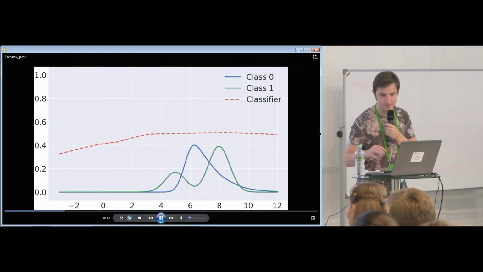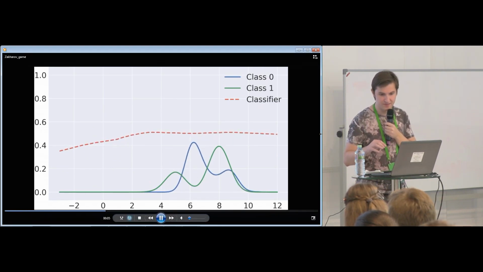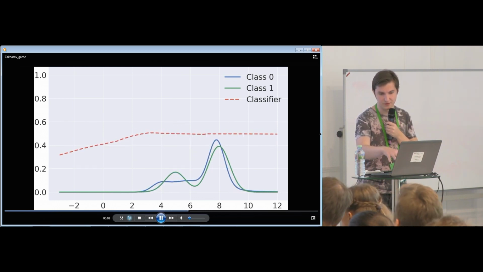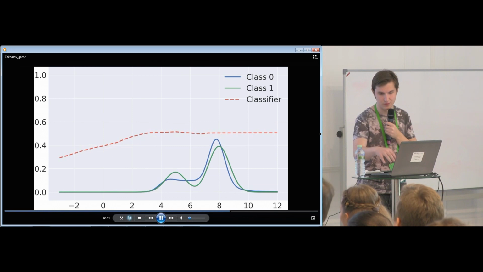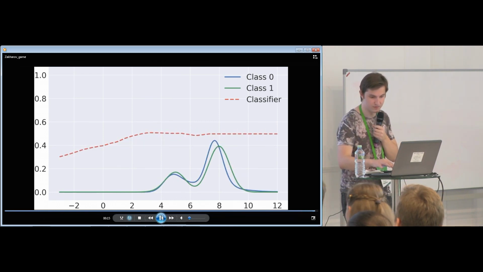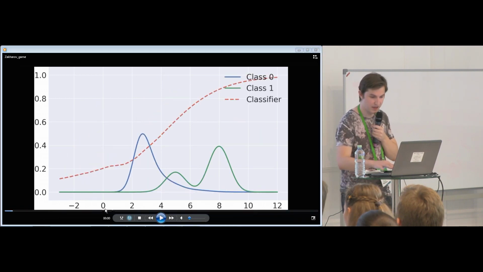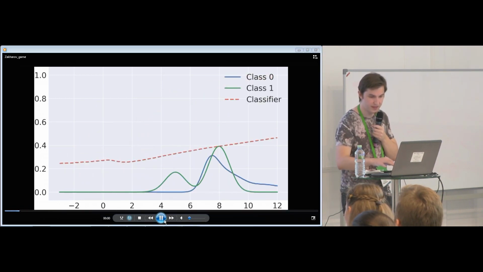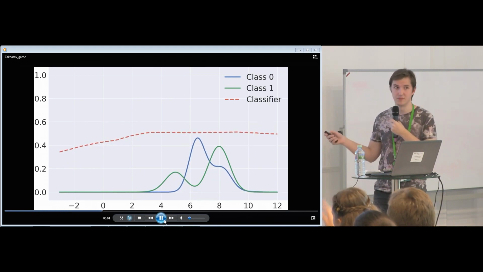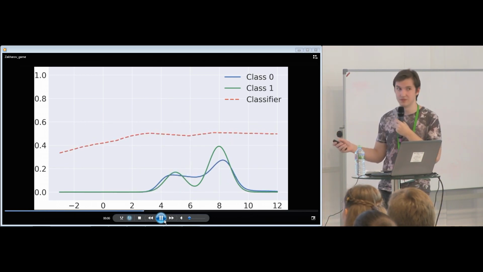So we ran for the same amount of iterations, and we see that it actually starts converging, and in the middle of the optimization process, it's actually mimicking the true distribution quite well. In the end, it converges to the true distribution, and starts fluctuating a little bit. What I want you to pay attention to is the fact that the classifier is very suboptimal at all the steps of this optimization process.